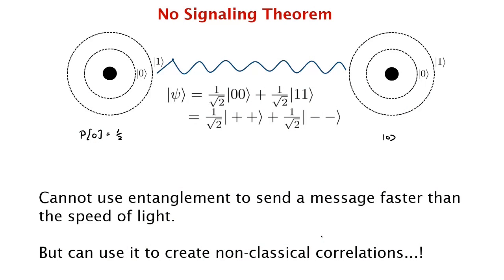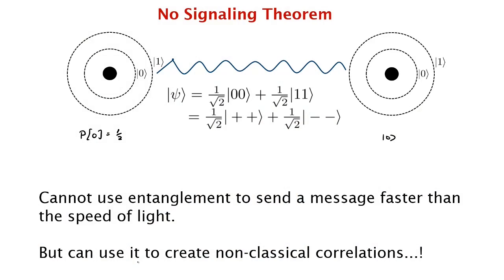There's a general theorem called the no signaling theorem, which says that you cannot use entanglement to send a message faster than the speed of light. Here, a message is a message of your choice, rather than creating a correlated random bit in different places.